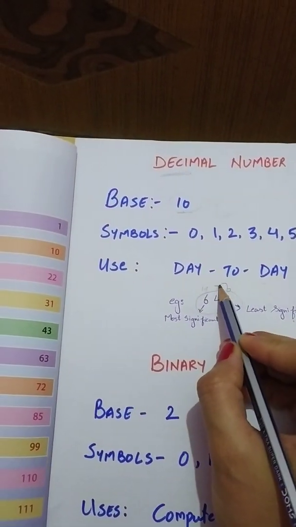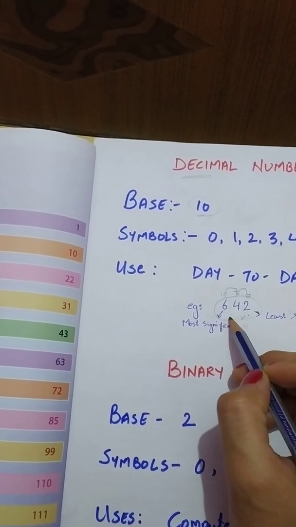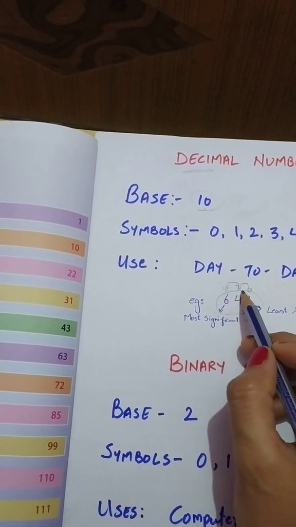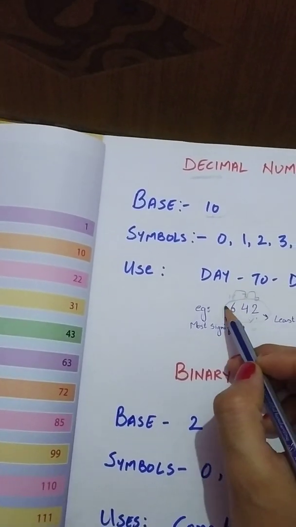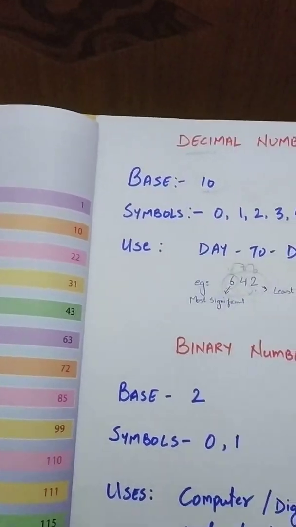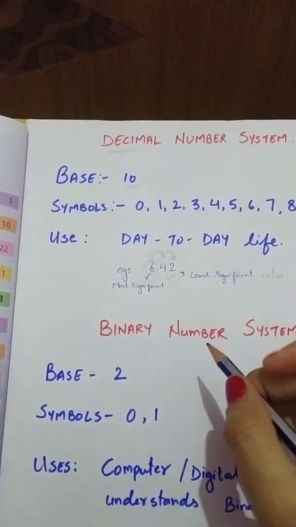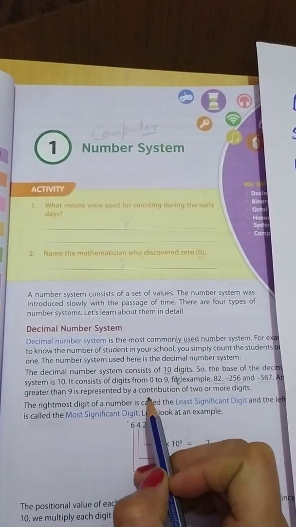And as we move towards the left, the digits go on multiplying with the base 10, multiplied by 10 each time, and so the value also keeps on increasing. The leftmost one is known as the most significant value. Is it okay? And just go through the description given in your book.